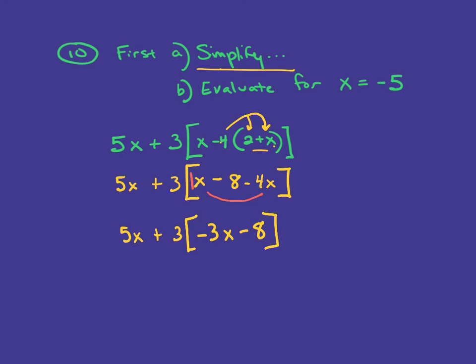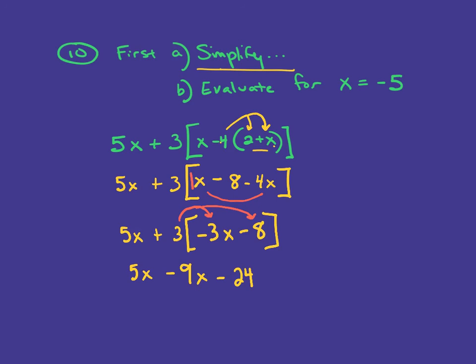And then from there, we've got that bracket, that grouping. We've got the negative 3x minus 8. Nothing we can do inside there because they're not like terms. But we do have the 3 on the outside that's butted up against it. So just like with the parentheses, we're going to distribute. So we're going to multiply. So we've got 5x now. 3 times negative 3x is negative 9x. 3 times negative 8, negative 24.